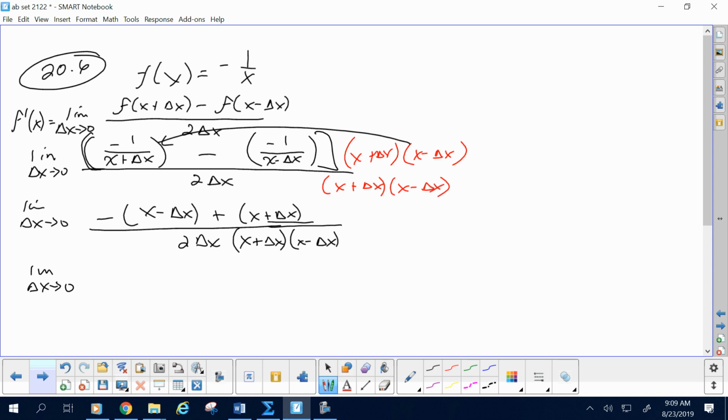The delta x's, do they drop away or do they come out 2 delta x's? I feel like they come out 2 delta x's, which then divide away, leaving me with just that denominator multiplying factor. So if I substitute in a 0 there, I get 1 over x times x, and therefore the derivative is 1 over x squared.